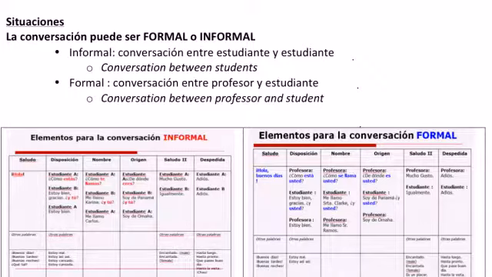So we have that informal situation and formal situations, our biggest clues are in the grammar that we use, namely the pronouns. For our purposes in school, an informal conversation can be between students, and a formal conversation can be between a professor and a student.